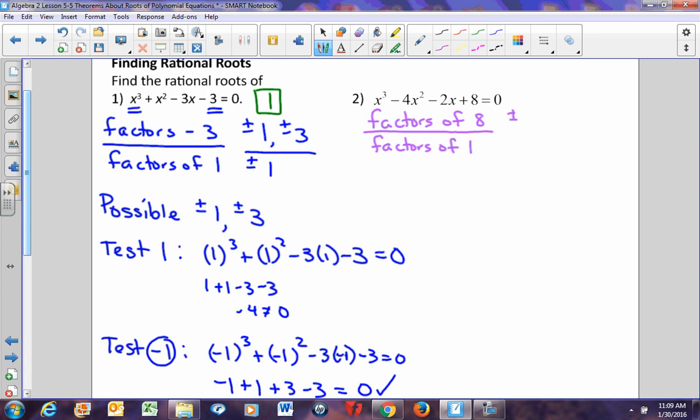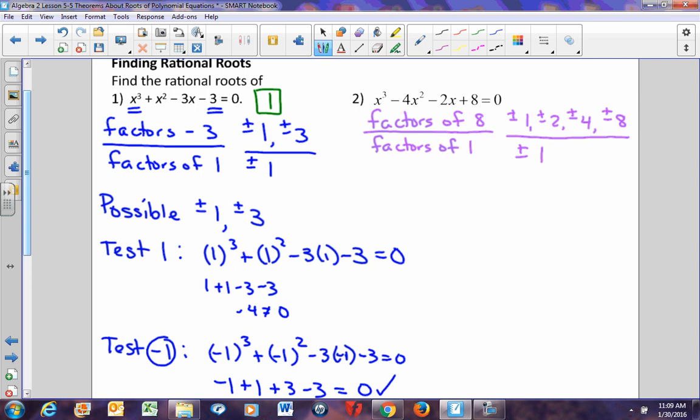So plus and minus 1, plus and minus 2, plus and minus 4, plus and minus 8, all over plus and minus 1. So basically, our possible roots are plus and minus 1, 2, 4, 8. So we're going to find the rational roots of them by plugging into this problem all over again. So we're going to test all of them.